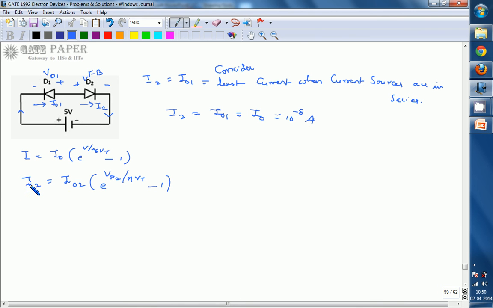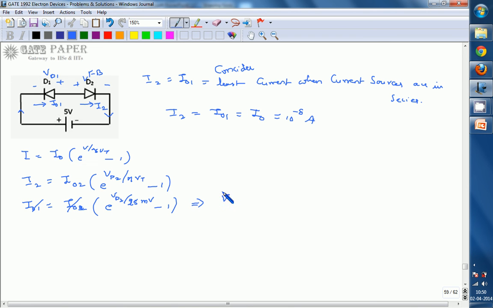And I2 is equal to I naught 1, and I naught 1 is equal to I naught 2, since both are identical silicon diodes. e to the Vd2 divided by eta, we are assuming the intrinsic constant as 1, and Vt is given as 25 millivolts, minus 1. So I naught 1 and I naught 2, because of identical diodes, both will be the same.